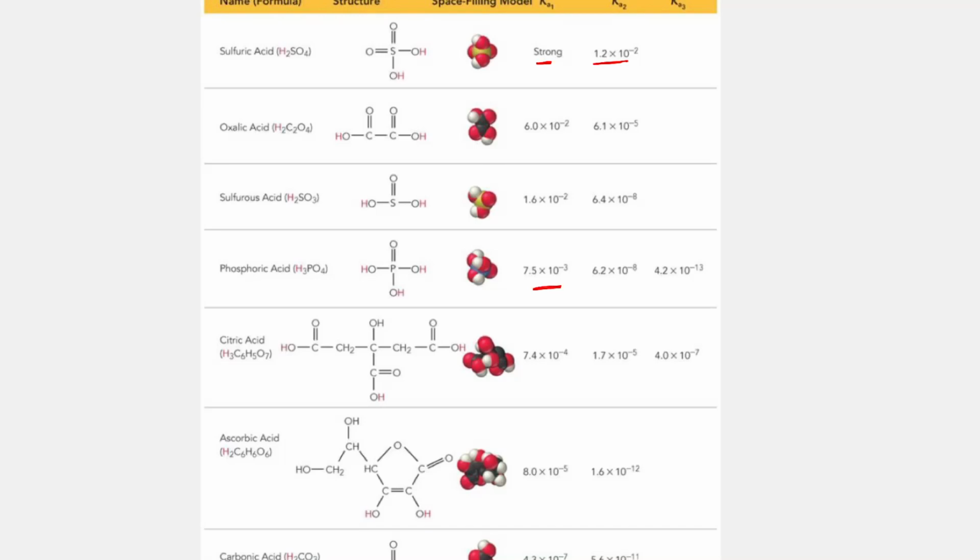There are exceptions, of course, but typically there's a fairly significant difference between the magnitude of Ka1 and Ka2, and if there's a Ka3, it gets even smaller. So typically, if we solve the first Ka, that's going to give us the bulk of the hydronium, and solving for the second one isn't going to add any appreciable hydronium ion.